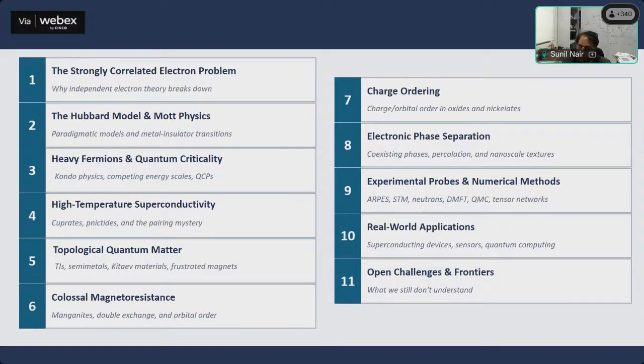But stick to more classical strongly correlated phenomena like colossal magnetoresistance, charge ordering, electronic phase separation, and so on, and end with a summary of the kind of experimental probes which are used, why these systems have been interesting for a long time and continue to be important today, since we are talking about the role of quantum materials in the general area of quantum technologies.